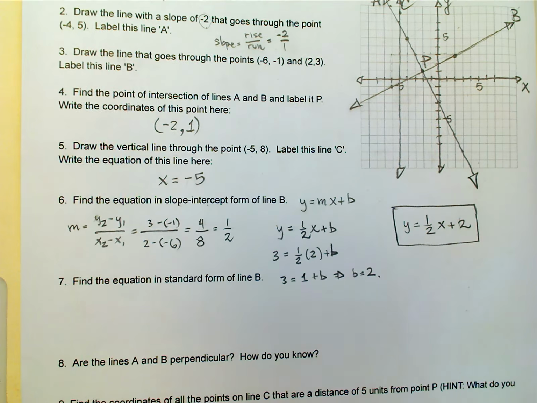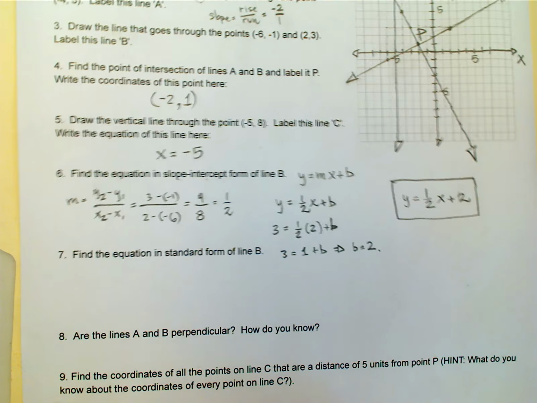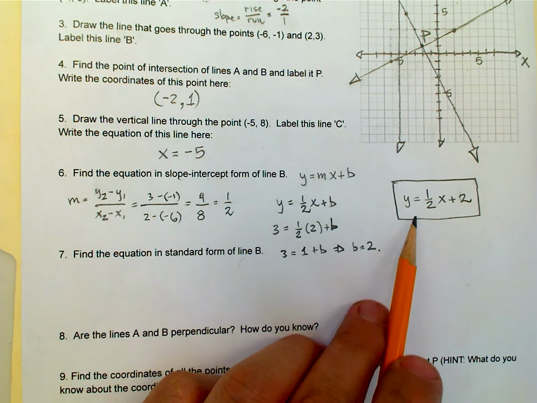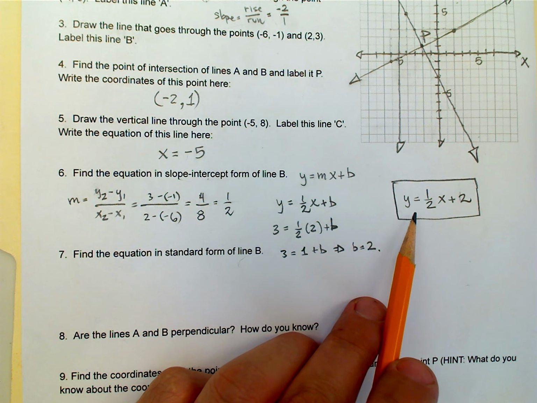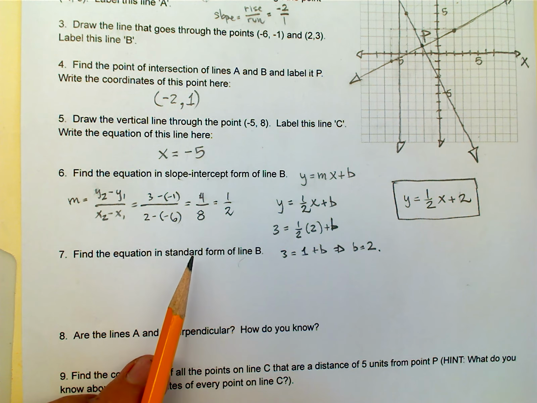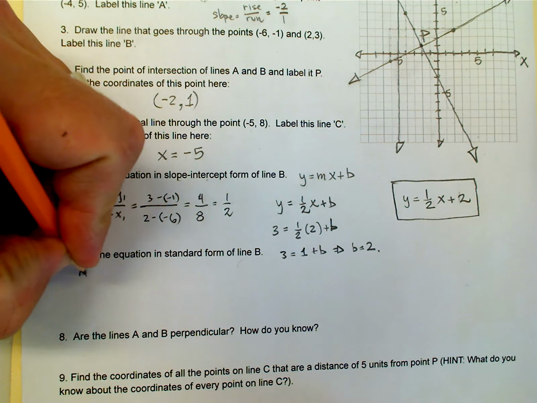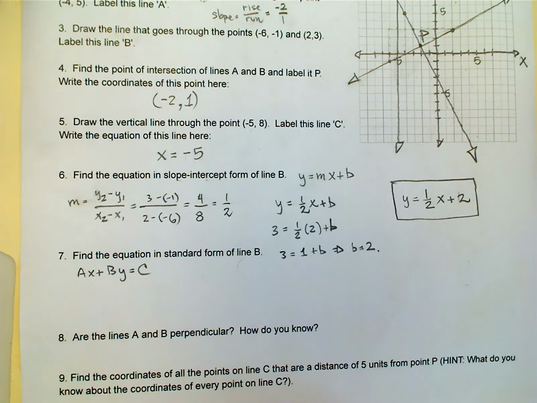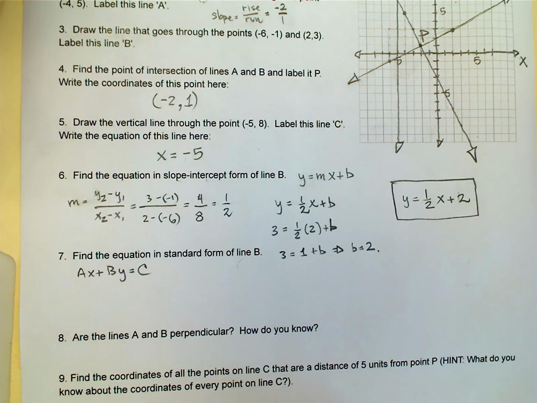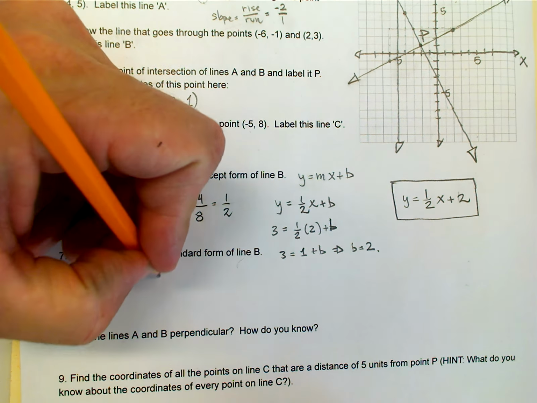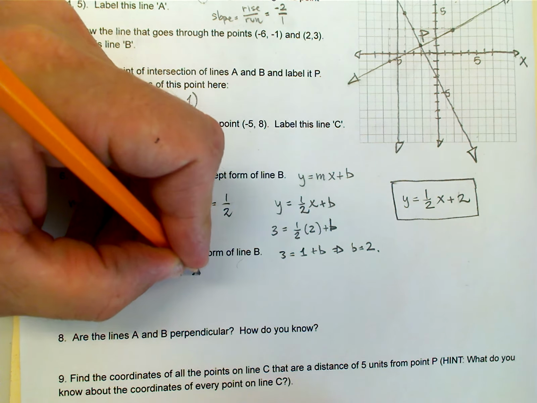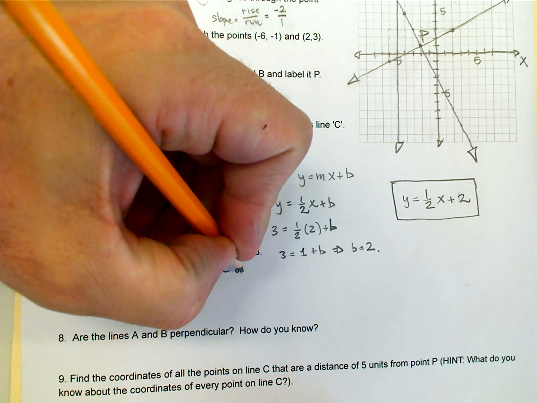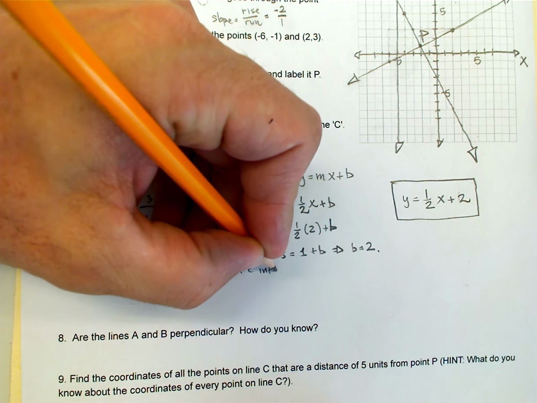Okay. In the next question, we're asked to find the equation in standard form of line B. So it's basically this equation, but I need to write it in standard form. And you'll recall standard form of any linear equation looks like this. Ax plus by equals c, where a, b, and c are integers.